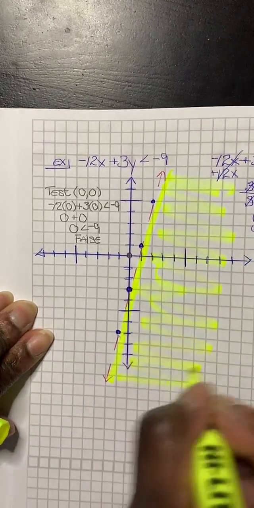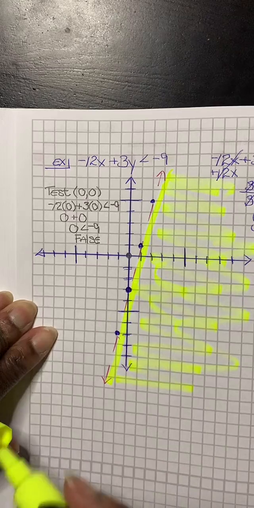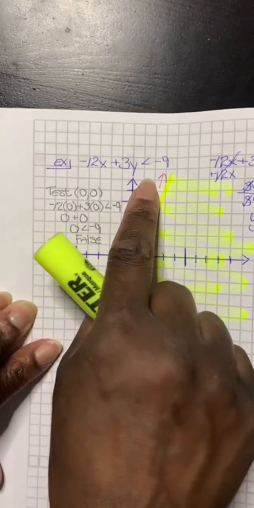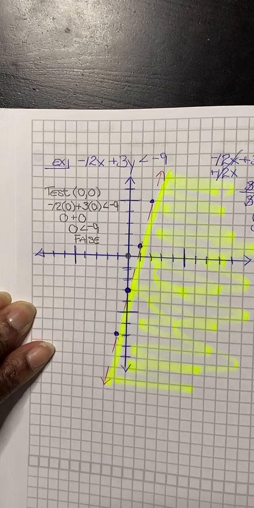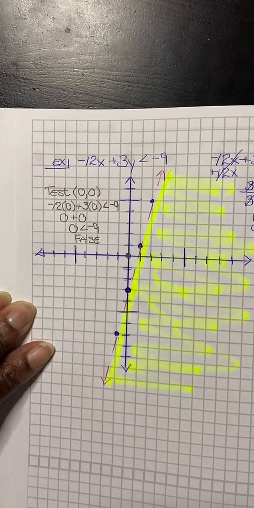All the points in that shaded area are going to make our original inequality a true statement. Negative 9 is definitely less than 0. All right, good.